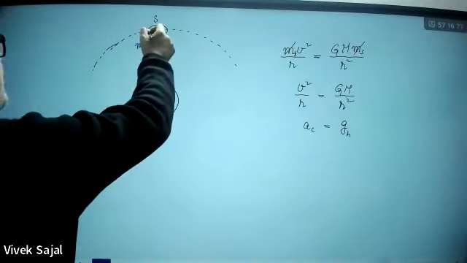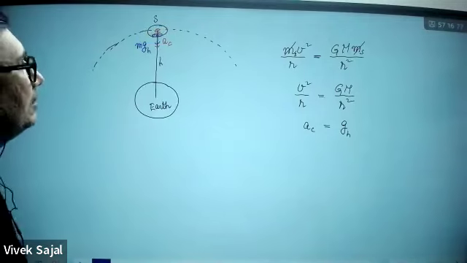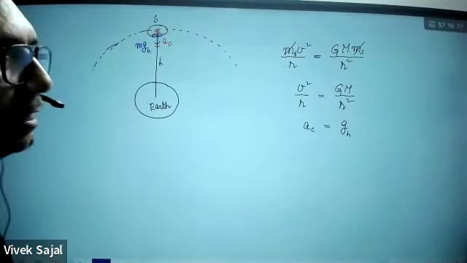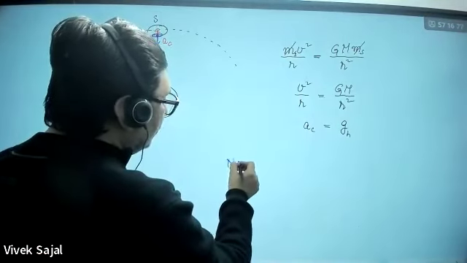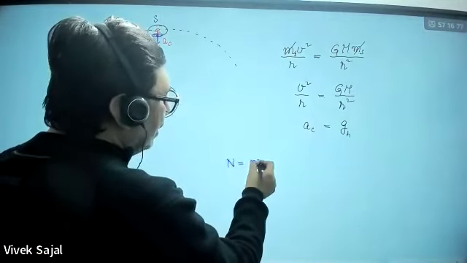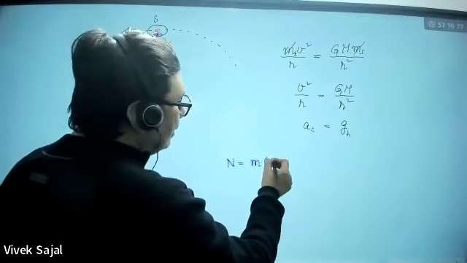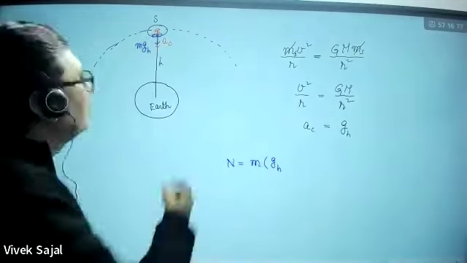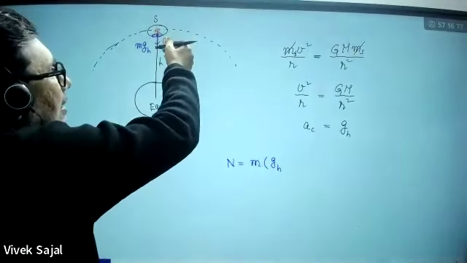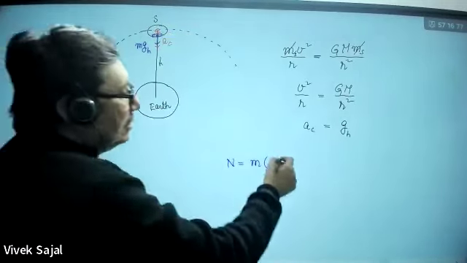So if you place a weighing machine here in the satellite, what will be the normal reaction? Normal reaction will be mass of this person, m, g, with which Earth is attracting this person towards its center, minus acceleration. This person is also going to have an acceleration AC here.